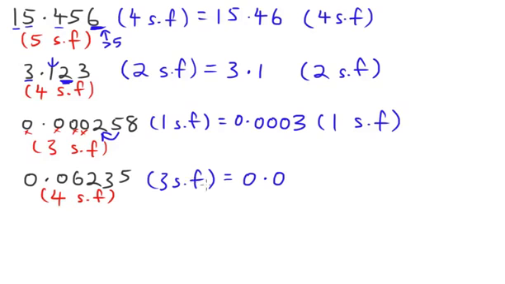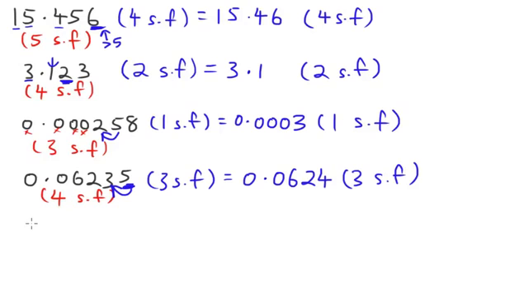For 3 significant figures, we can write down 2 significant figures first, which are 6 and 2. So we'll look at the last 2 digits now, which are the 3 and 5. The next digit is 3, so we have to look at the last digit, 5. So this is 5, it means we have to round it off, so we add 1 to the 3, then we get 4. So once again, don't write the 0. So this is 3 significant figures.